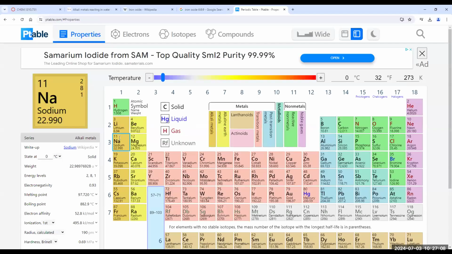They have been added since these were printed. The ones that are missing are nihonium, number 113, moscovium, number 115, tennessine, and oganesson.